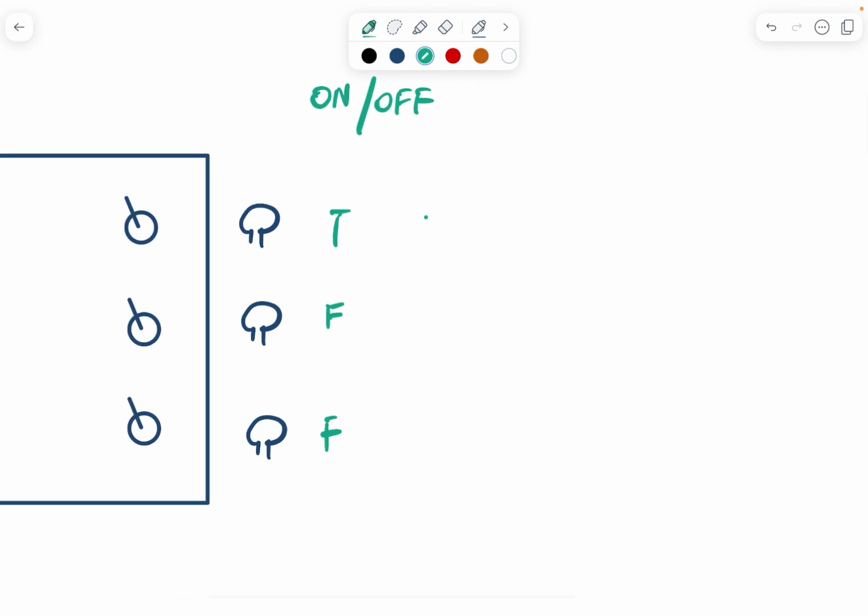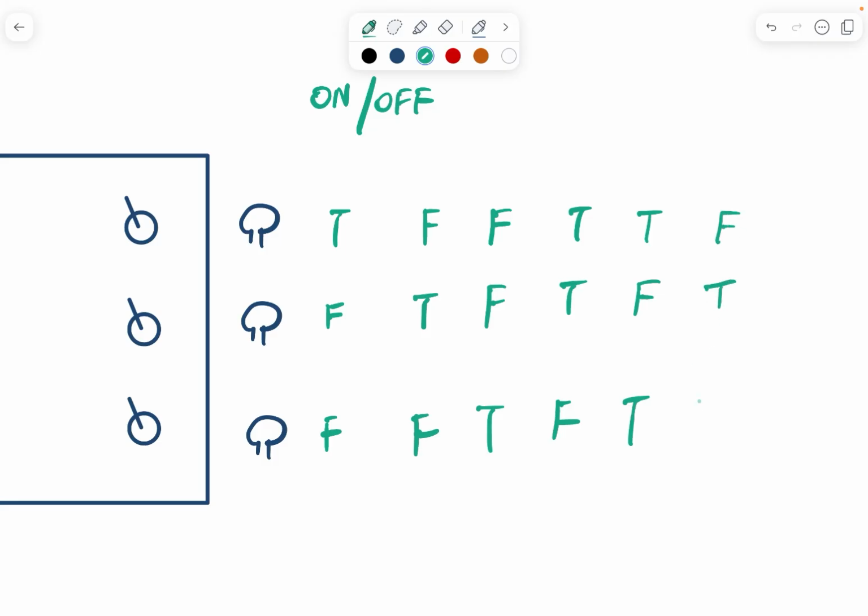It might be off, on. It might be on, off. It might be on, off, on. It might be off, on, right?